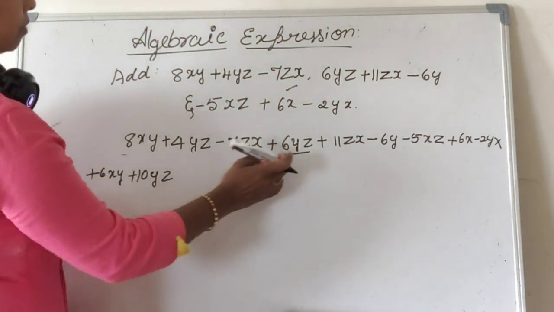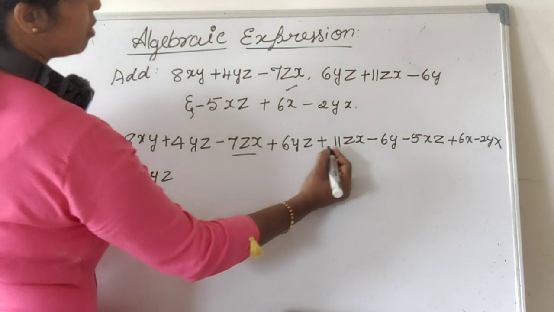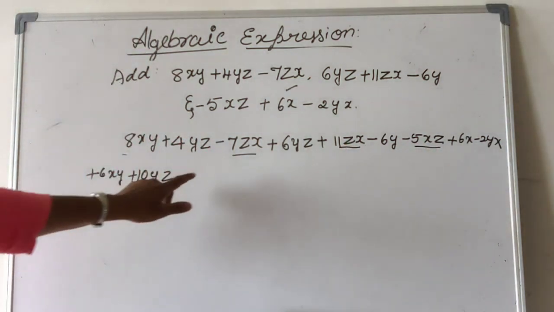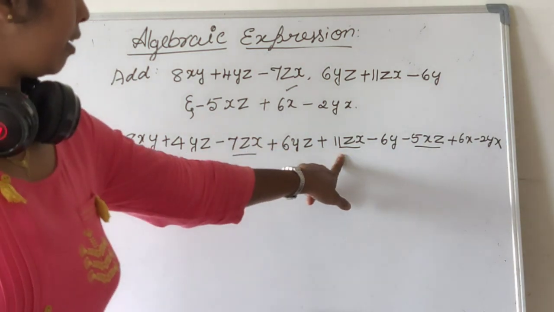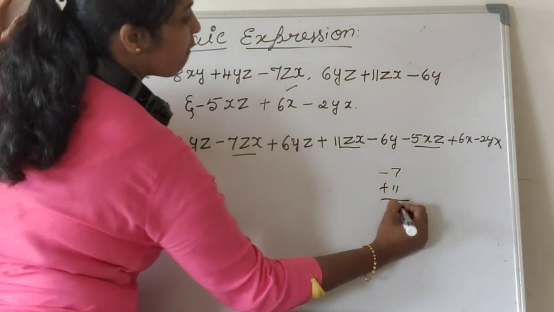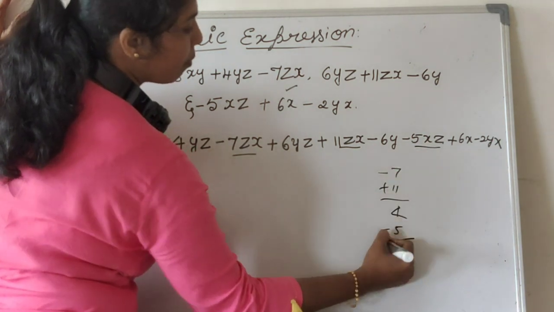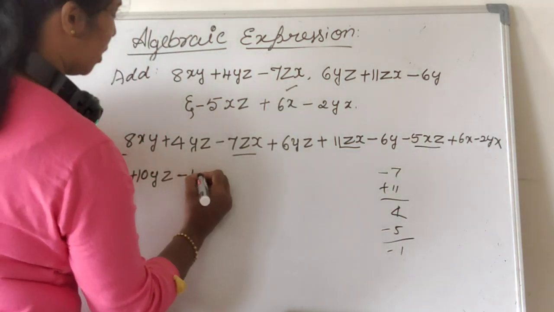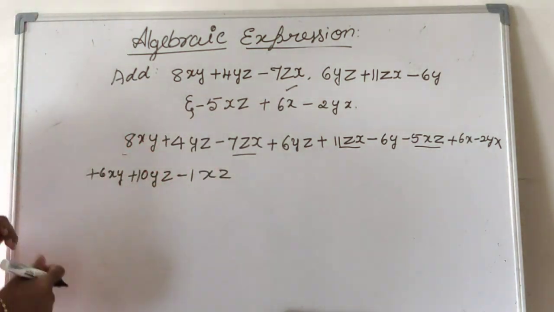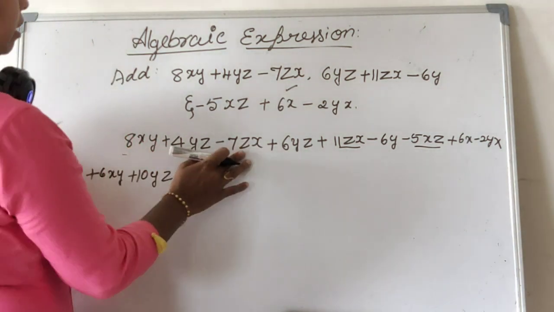Next to zx, same. Minus 7 plus 11, minus 7 plus 11, 4 minus 5, 1 minus 6, minus 1xz. Okay. Next, what term is remaining? Yz.